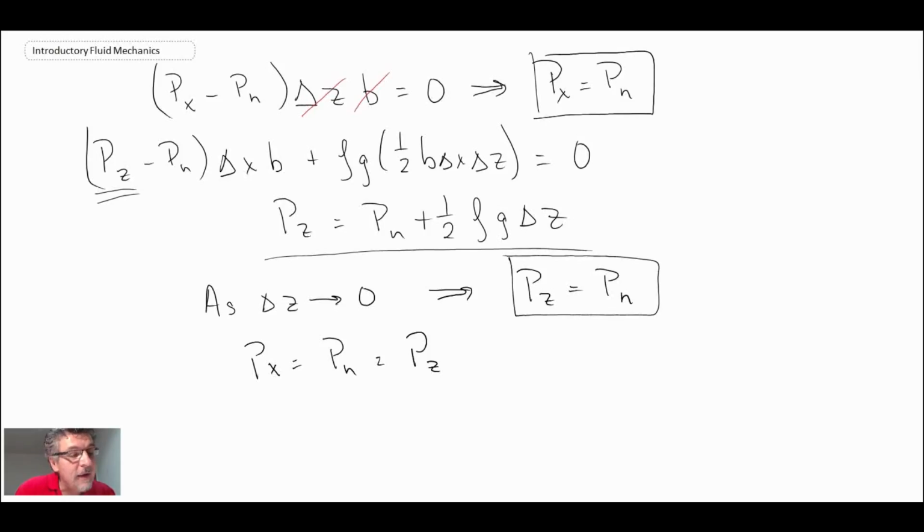It is that pressure at a point in a fluid is independent of direction in a stationary fluid.